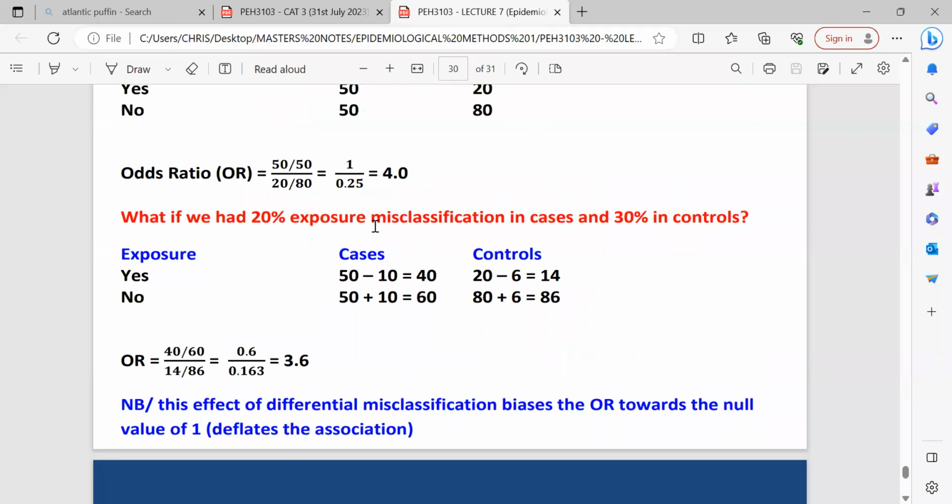If we have 20% exposure misclassification in cases and 30% in control, so you subtract 10. So we have subtracted that 17. So these are the positives, the exposure, the positive. Then minus percent, then add huko kwingine. Add 10. Yeah, I think that we should do the same.